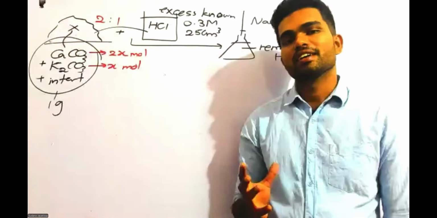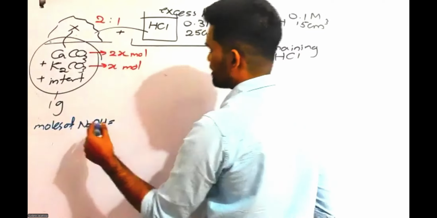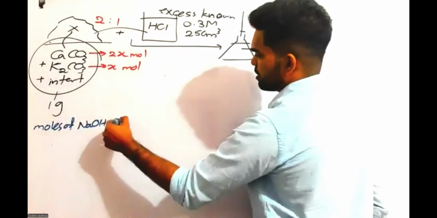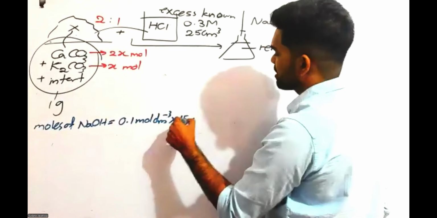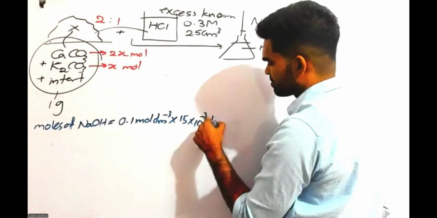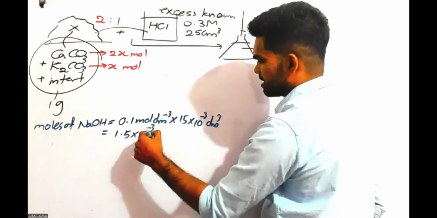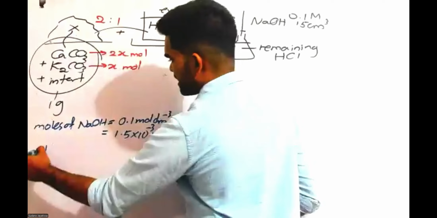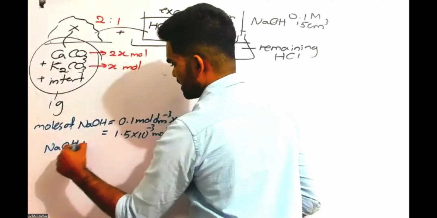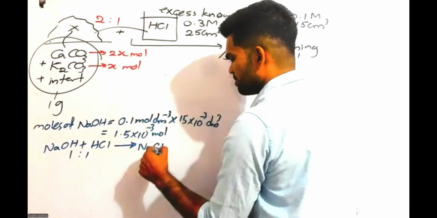Okay, reverse titration, right? So moles of sodium hydroxide: you have 0.1 mole per decimeter cube, 15 cubic centimeters. So that means 1.5 into 10 to the power minus 3 moles. Now this sodium hydroxide and HCl react in 1:1 ratio to form sodium chloride and water.